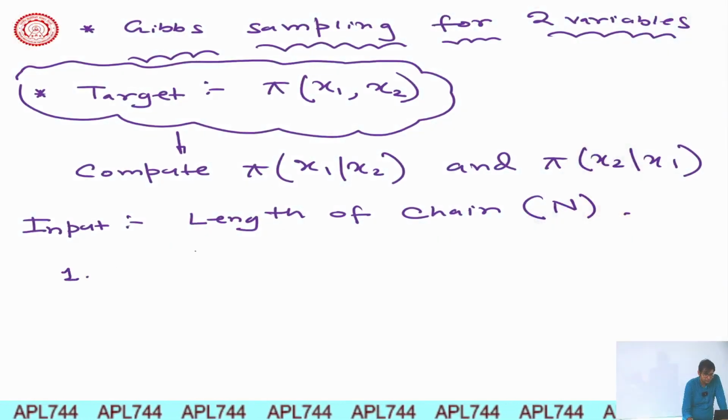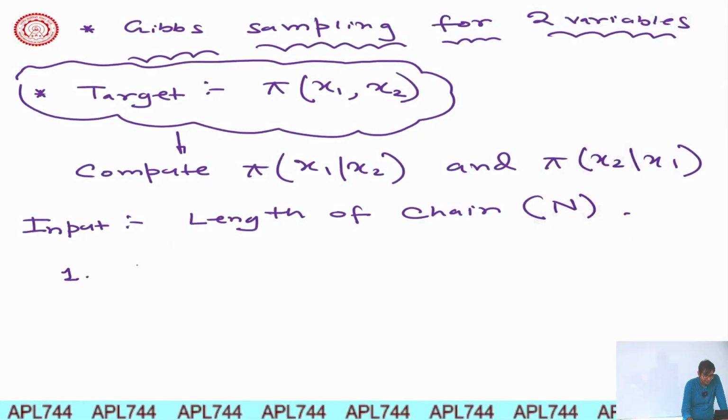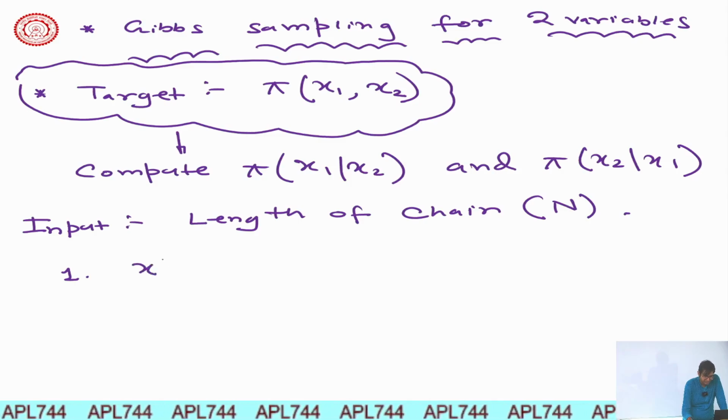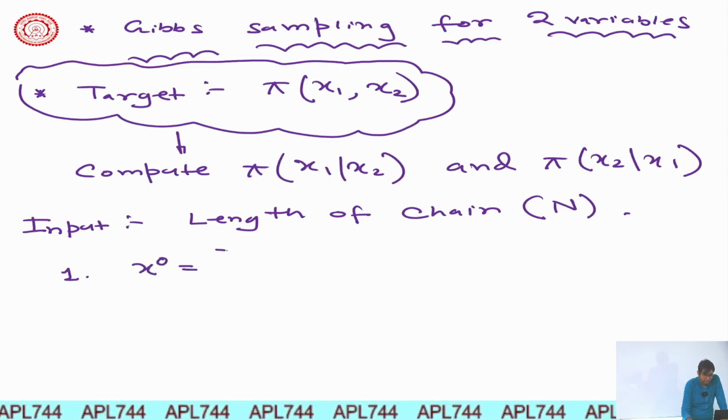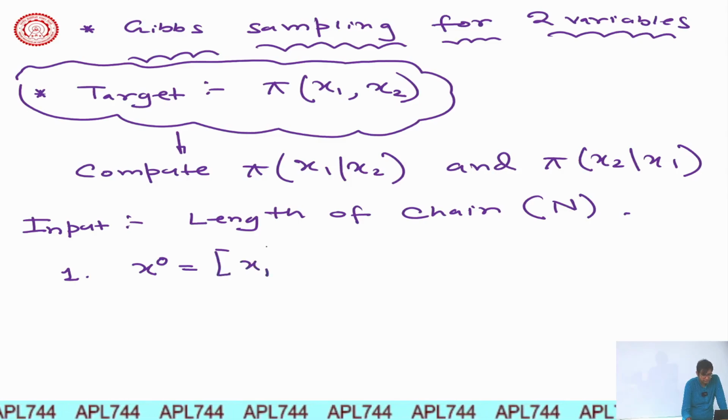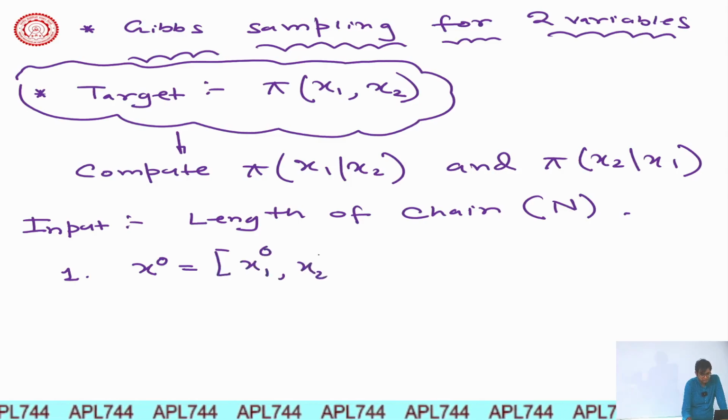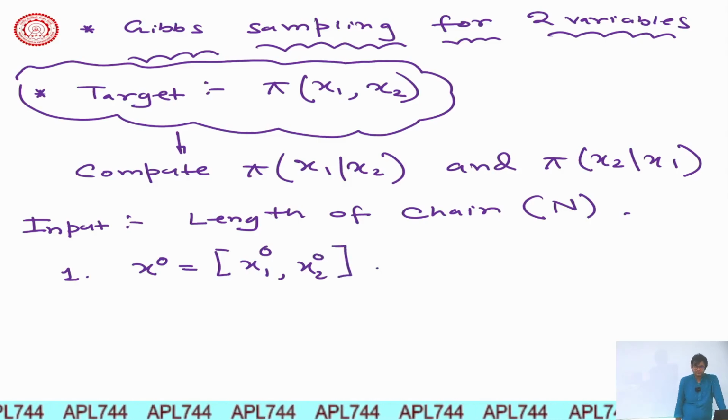And then what was the first step in Metropolis Hastings? You have some initial condition. Same thing here. Suppose you have x0, which is equal to x1^0 and x2^0. This is my initial thing.